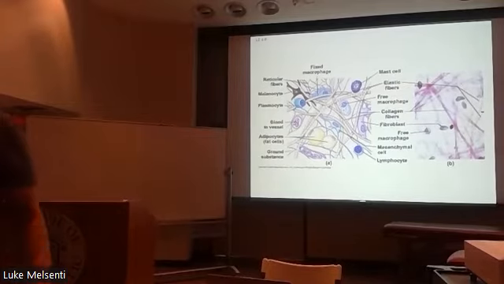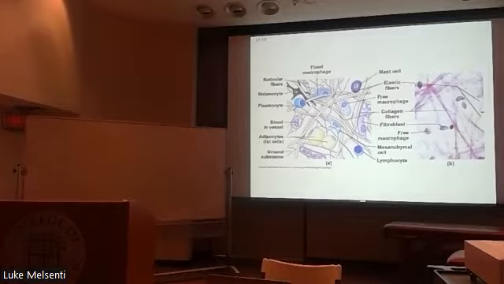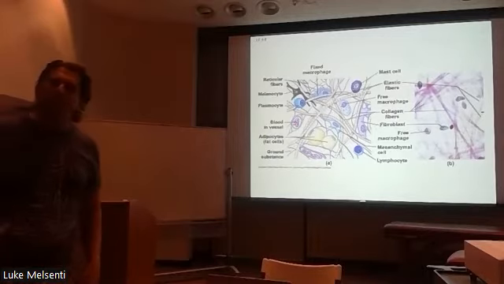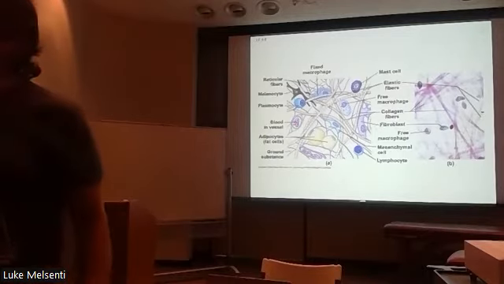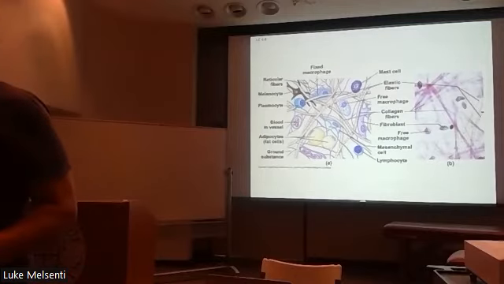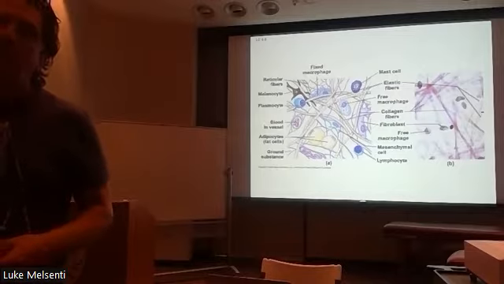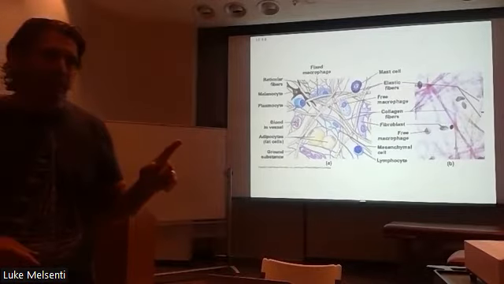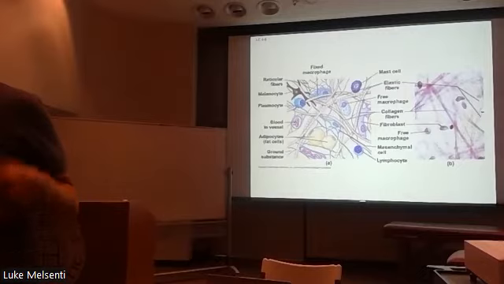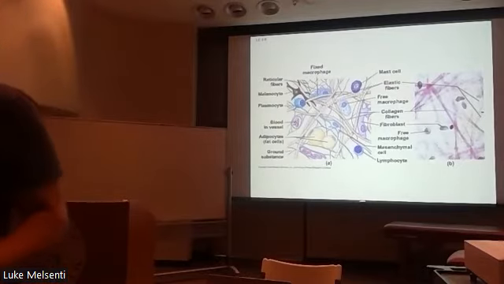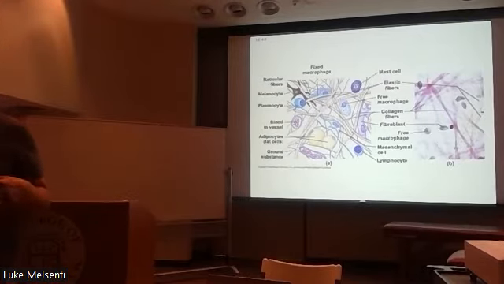And remember, type 2 is going to be the D group: DR, DQ, DP. HLA-A, HLA-B, and HLA-C are type 1. Let me say that again. MHC1 is HLA-A, B, and C. MHC2 is HLA-DR, DQ, and DP.